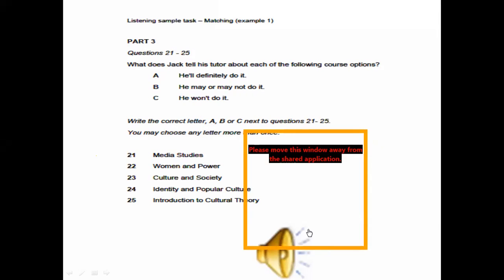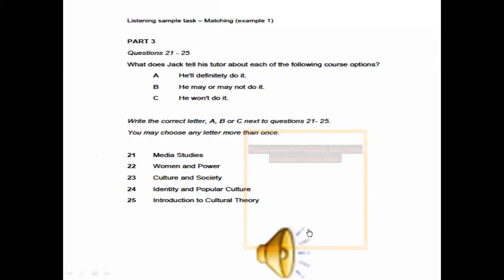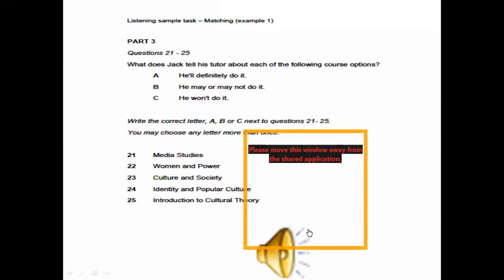What about the option on culture and society? That addresses the historical debate on the place of culture since the Industrial Revolution in Britain. So a historical focus again? Do I get the message you're not so keen on history? Well, it's just that we seem to have done quite a lot this semester. Anyway, I'll think about that one. If you're interested in a course focusing on current issues, there's the option on identity and popular culture.